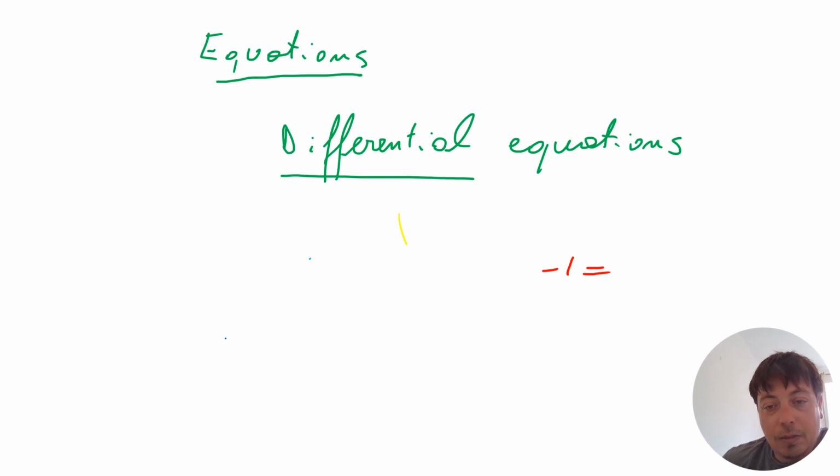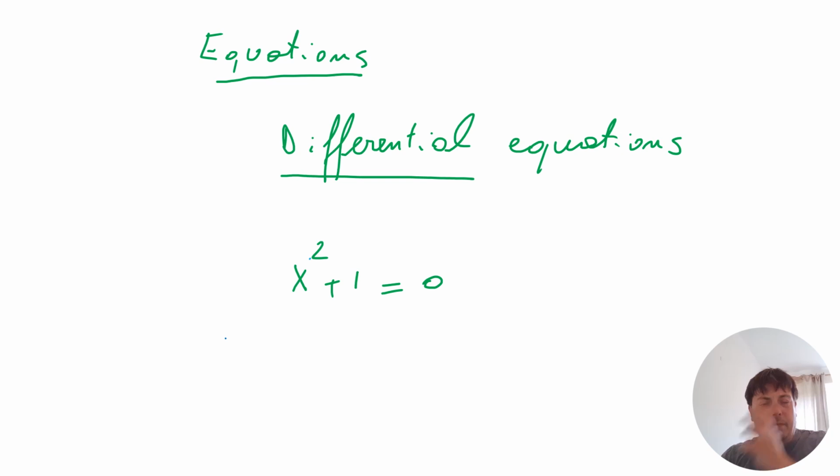Okay, but let's do another example. A couple of examples, I don't know how many. So suppose we have x squared plus 1 is now equal to 0. Okay, and then we will do it with the minus 1.